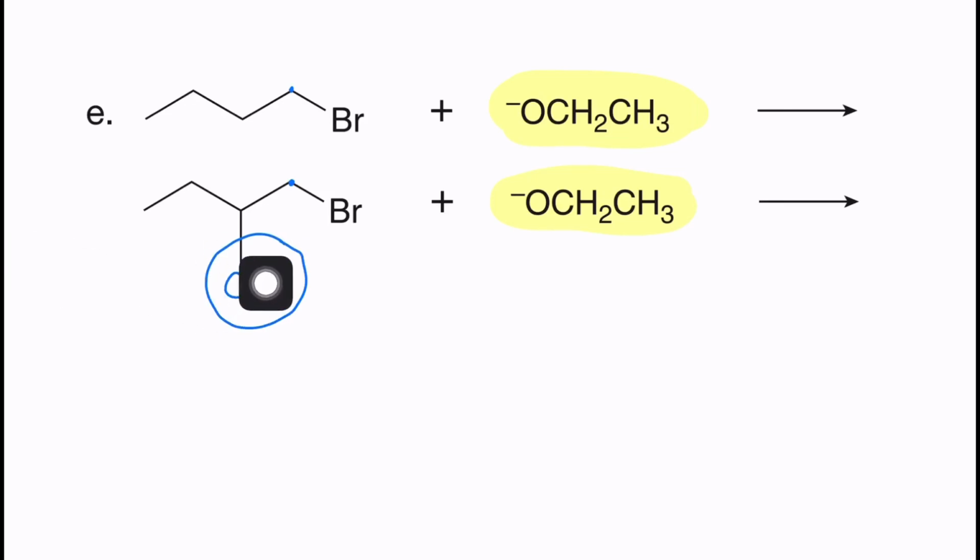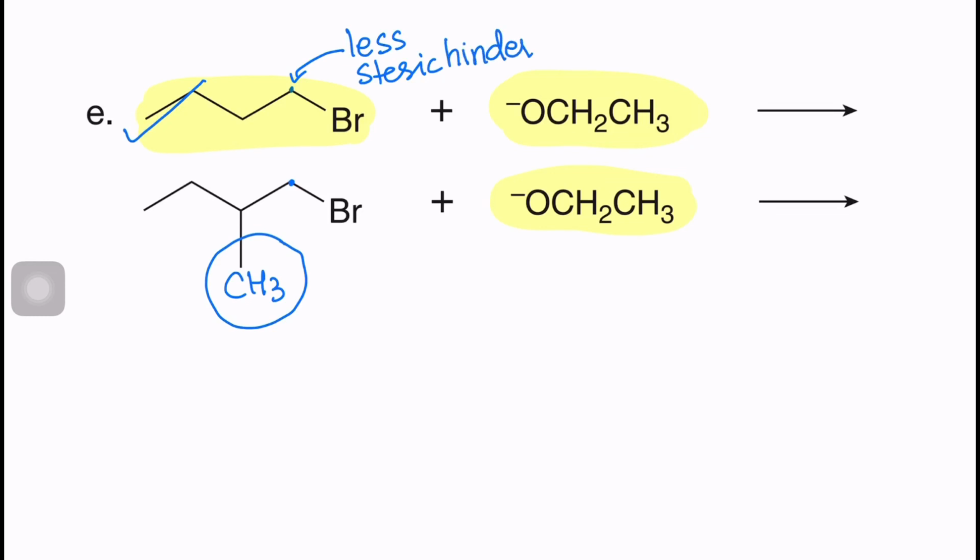That is beta branching basically, and due to that steric hindrance, the approach of the nucleophile to this carbon will be less. So in this case, I will say the first one will be the winner. Because of the steric hindrance, the second will be less reactive, and here there is less steric hindrance, so it will be a faster reaction.